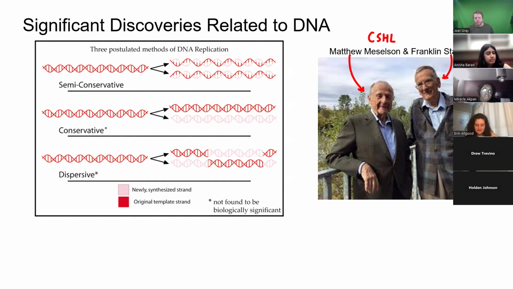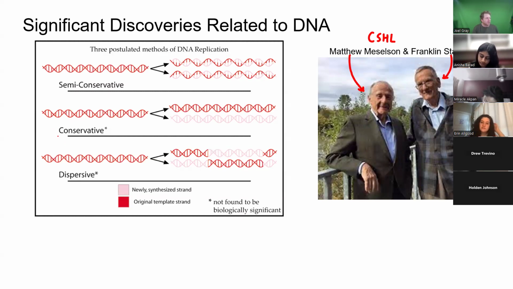Okay, so Meselson and Stahl wanted to determine the way in which DNA is replicated. They and the collective at the time had basically three models for replication. I always like to think about it as a kind of progression.